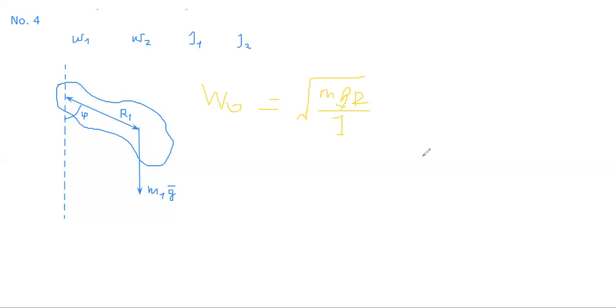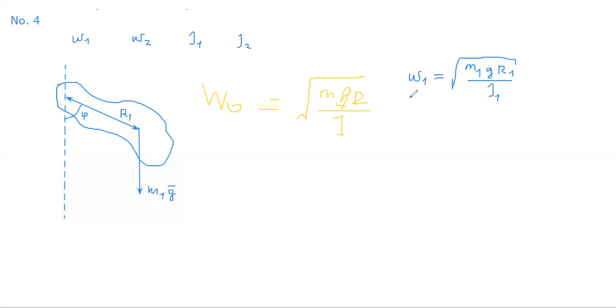This is definitely what we need. So we can use this, for example, for these two frequencies. So we have that omega 1 is equal to the square root of m1 g r1 divided by I1.